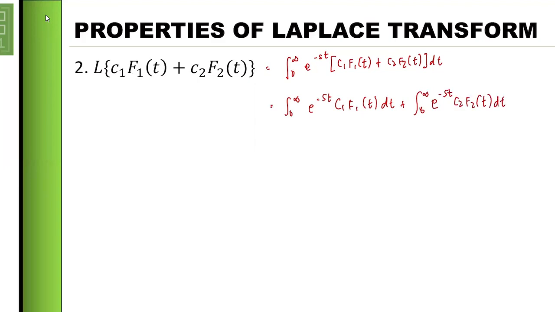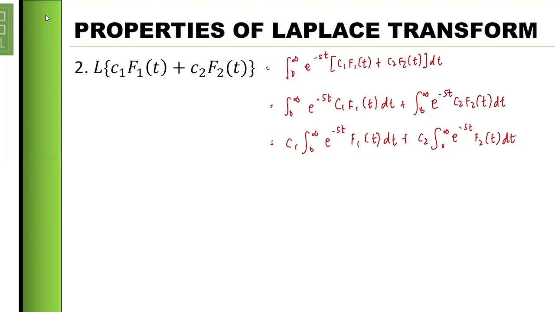Okay? Then applying property 1, we have c1. Pwede natin ilabas kasi constant siya. So, integral of e negative st f1 of t dt. And then sa second term, we can factor out c2, integral 0 to infinity, e negative st f2 of t dt.